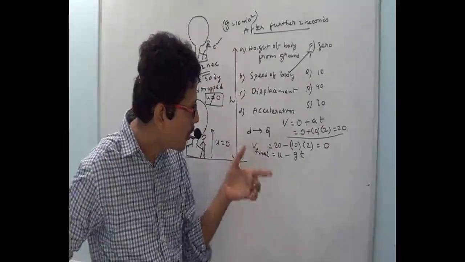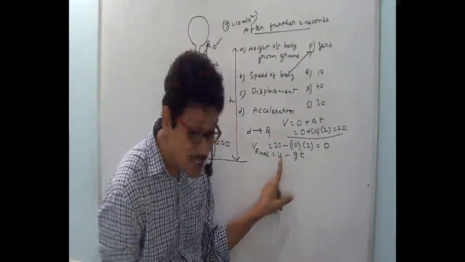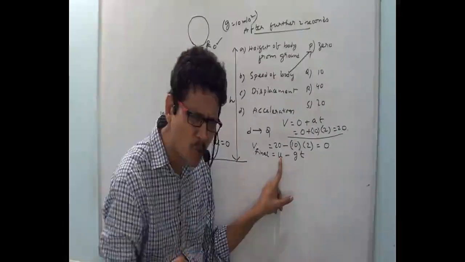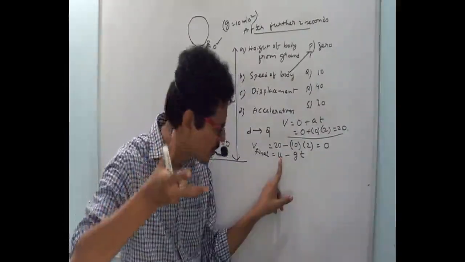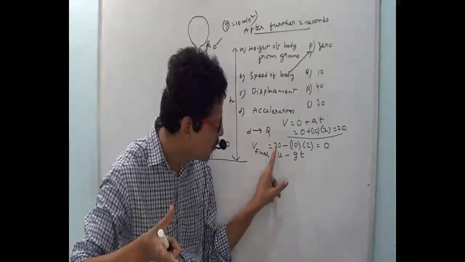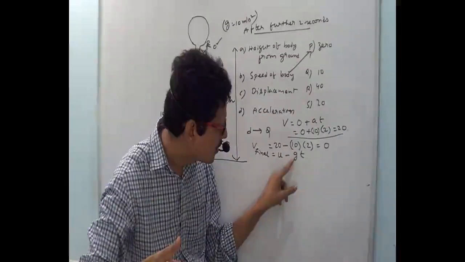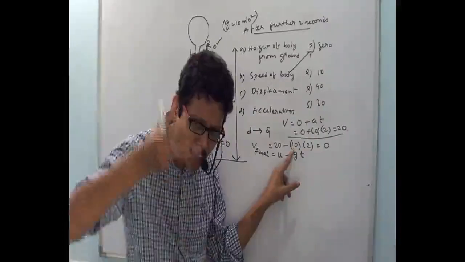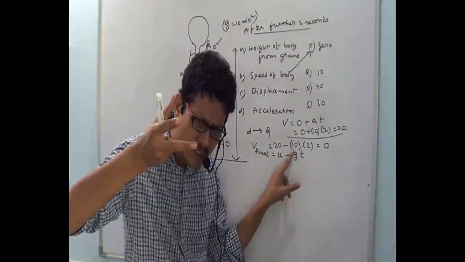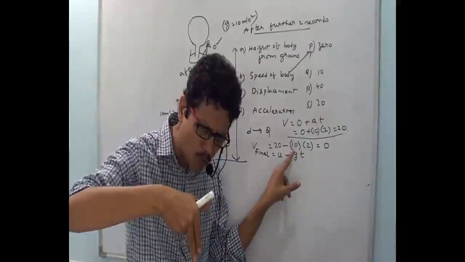After the ball is dropped, the initial speed is vertically upwards. Balloon velocity is 20, ball velocity is also 20. And what do I have to take? G as minus 10, because the ball velocity is upwards initially and acceleration due to gravity is downwards.